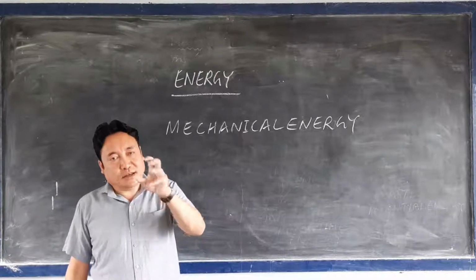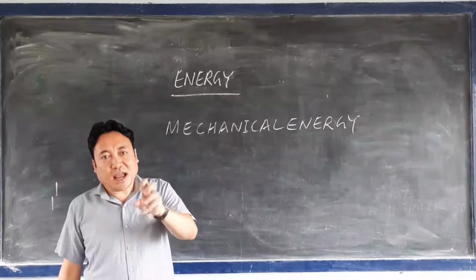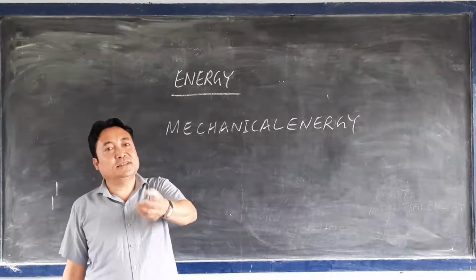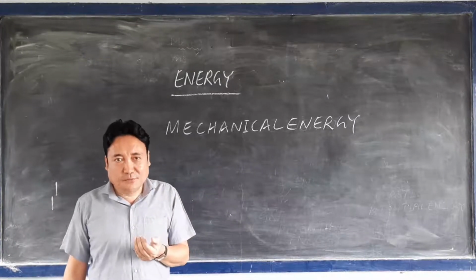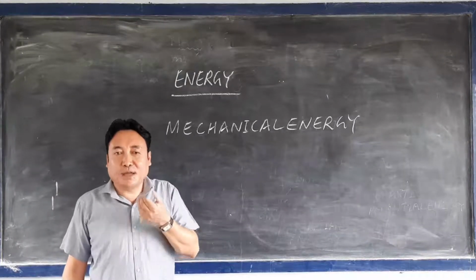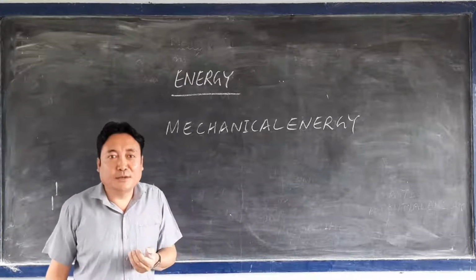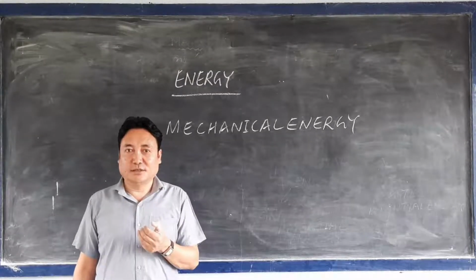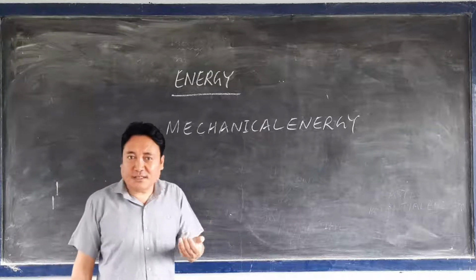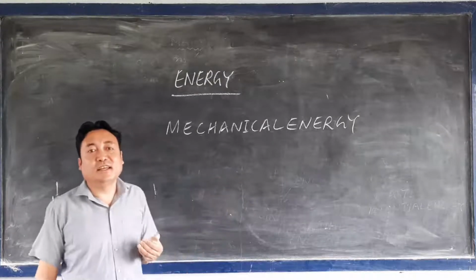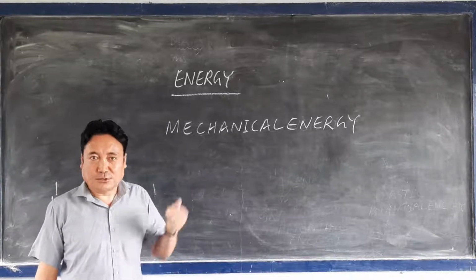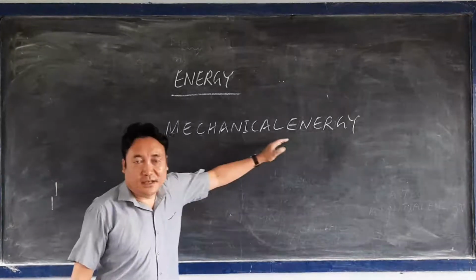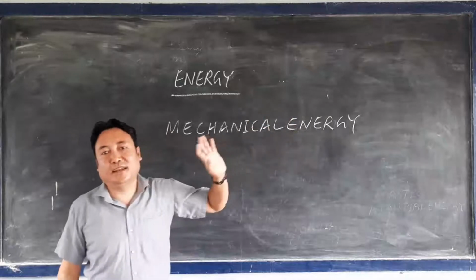This food contains chemical energy, and the chemical energy which we consume in the form of food will be converted again into mechanical energy. So there are various forms of energy, and always the transformation of energy takes place, and energy can neither be created nor destroyed. So the next point is mechanical energy.